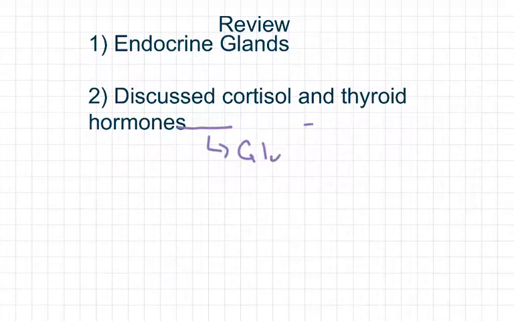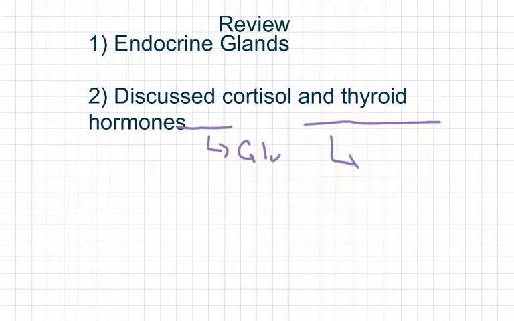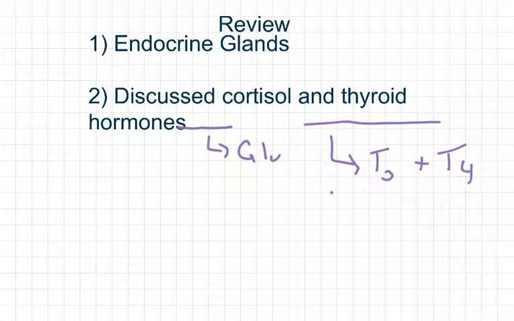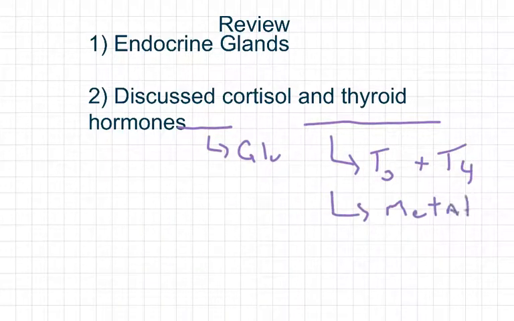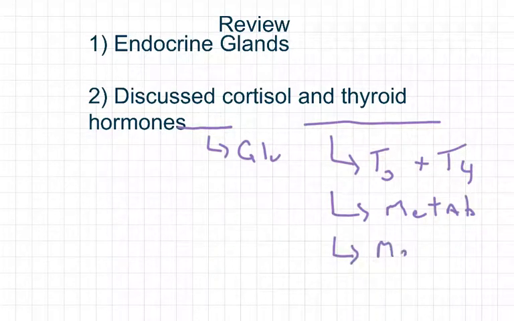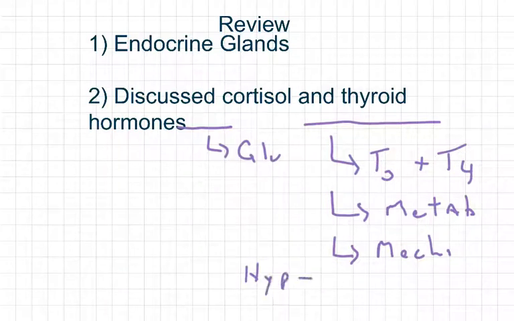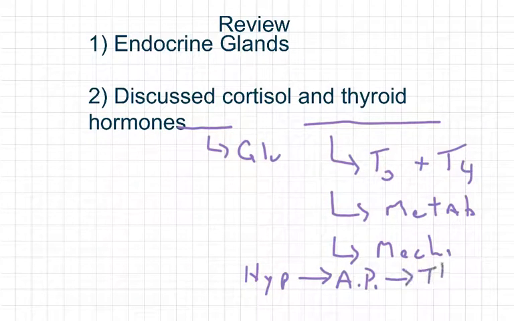And we discussed the thyroid hormones of T3 and T4 and their effects on metabolism. Also, we discussed how the entire mechanism between the hypothalamus through the anterior pituitary gland to the thyroid to the release of T3 and T4.